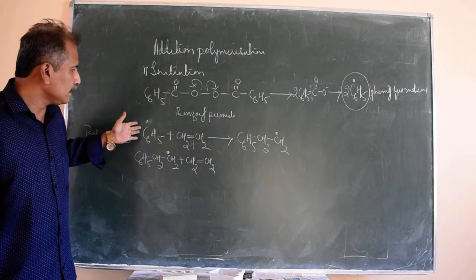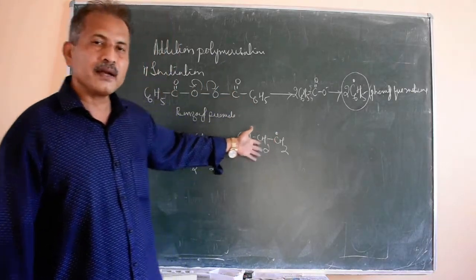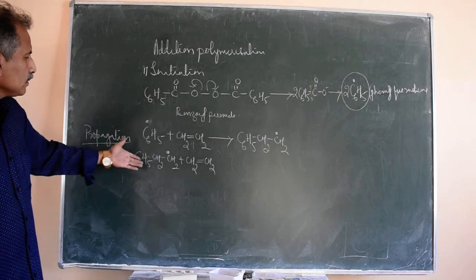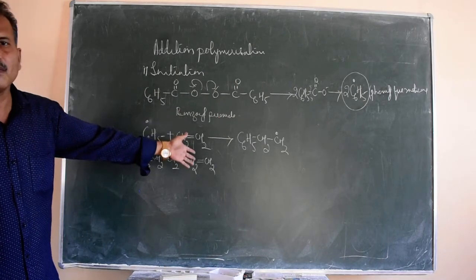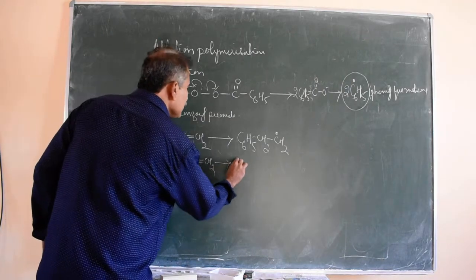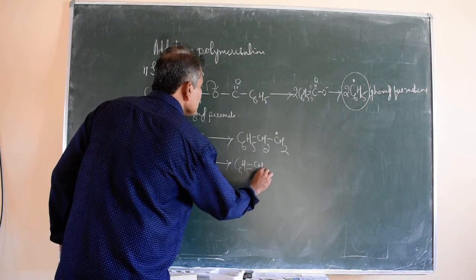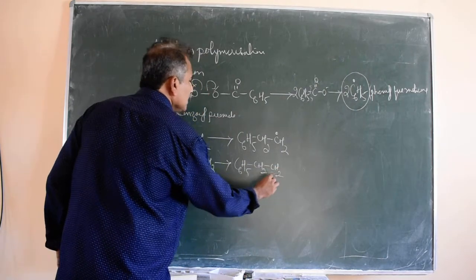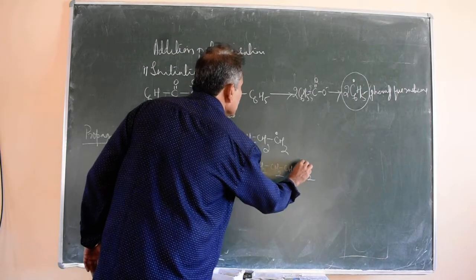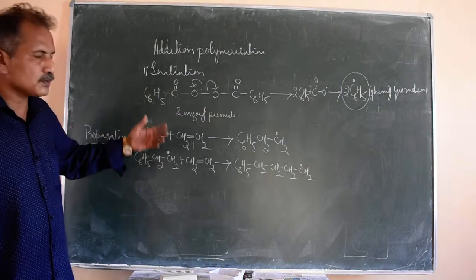That phenyl free radical attacks an ethene molecule and you get this free radical. Now the chain propagates. Now this radical attacks one more ethene molecule. What do you get? You get C6H5-CH2-CH2-CH2-CH2. See? The length of the chain has increased, the reaction is propagating.